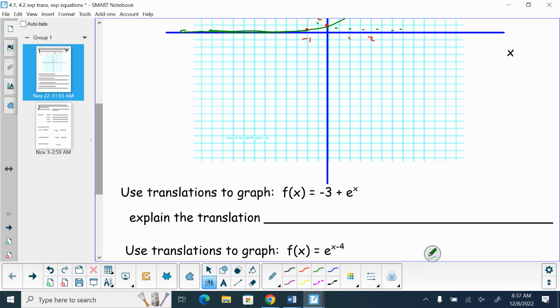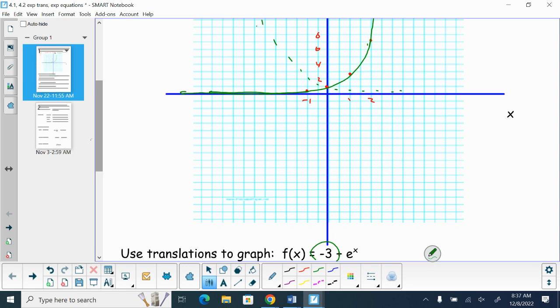Well, if we want to use our ideas of translations, if I would add a -3 to this, this is a vertical translation. Okay, going back to our ideas of translations. We have a vertical translation of -3, which means every one of our points is going to go down 3 positions.